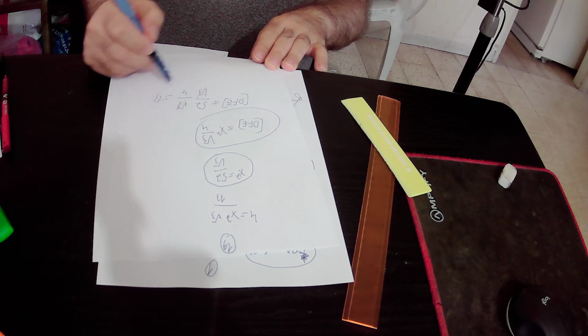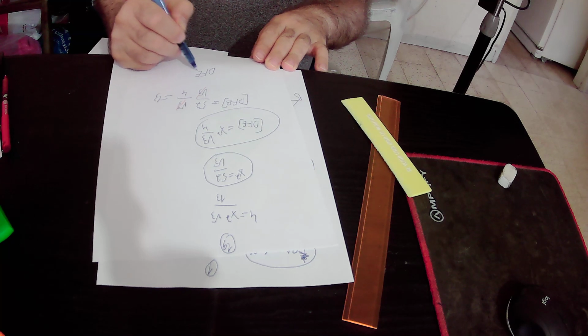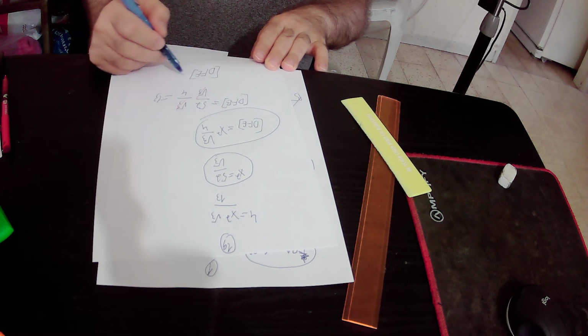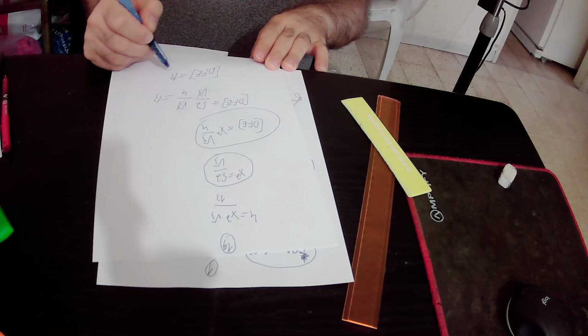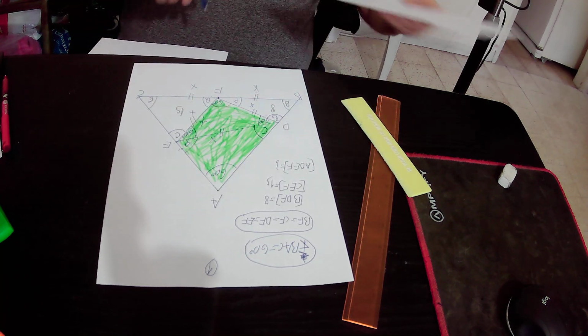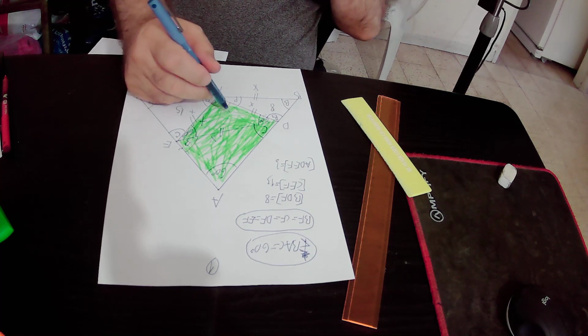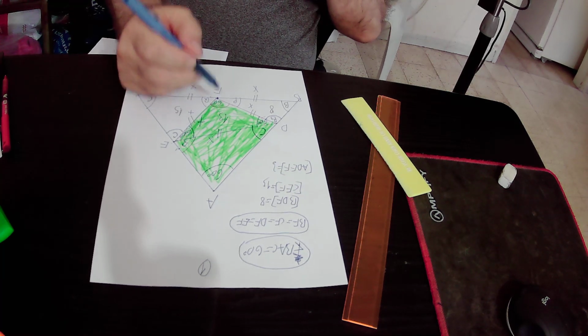So we found out that the area of the equilateral triangle DFE equals 13 square units. So the area of this triangle DFE equals 13 square units.